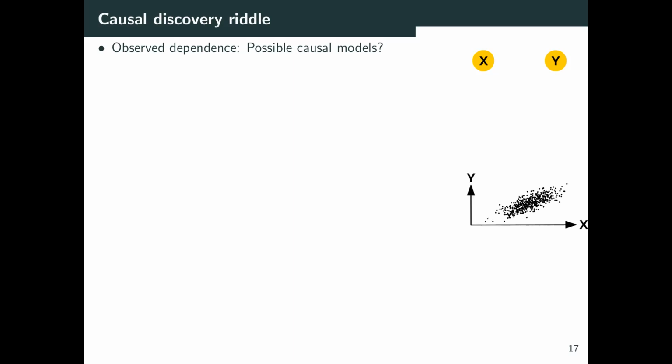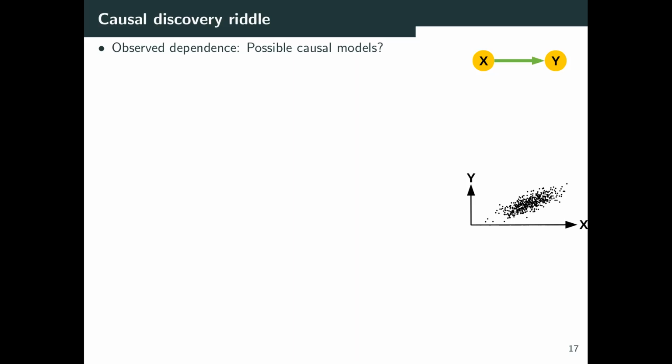The exercise starts as follows. You are given two variables, X and Y, and you have data. And this data looks as you see here in the scatter plot. Doing any statistical analysis, you would say that they are correlated, mutual information, anything is non-zero here. With high confidence, you can make that statement. Now, that being a statistical dependency, and us wanting to know about causal relations, what causal relations are consistent with this observation here?